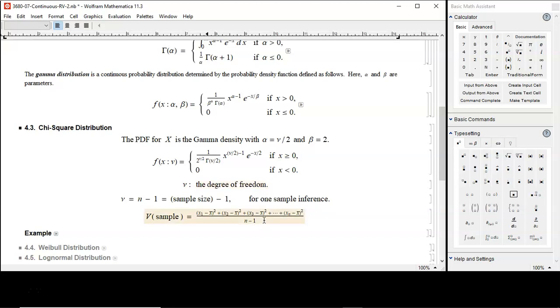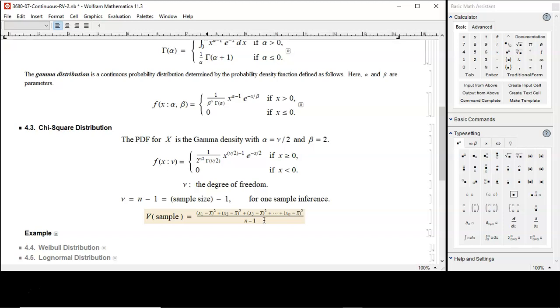Originally, x1 through xn could be anything. But then again, I took the mean, so x bar is known. Therefore, we have a linear equation, and x bar is known. So that determines one sample statistic, say xn.